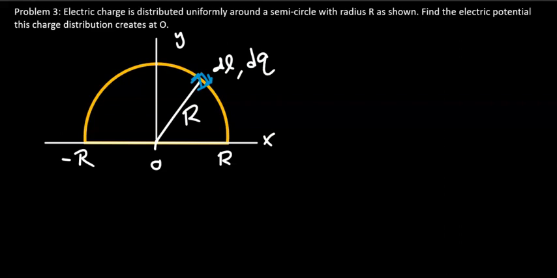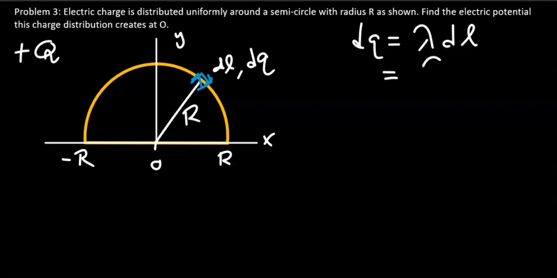Let's assume the total charge is positive q. So dq is quite simply the linear charge density. If you assume linear charge density is lambda, dq is lambda times dl, and lambda is the total charge divided by the entire length of the semicircle, which is pi times the radius, dl.